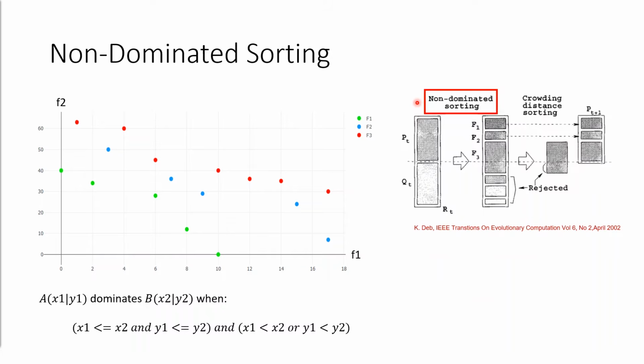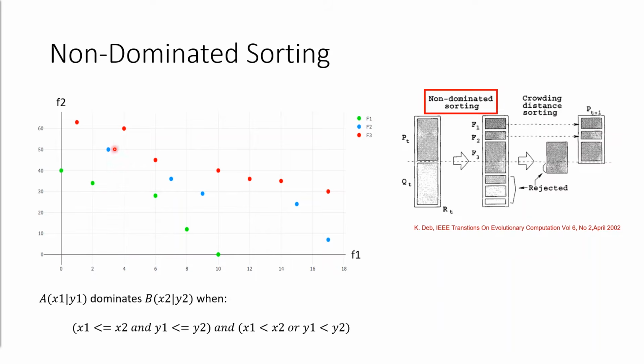In this case we have our target indicators F1 and F2, and our goal is just to minimize both of them. And the goal therefore for the non-dominated sorting is to find out which individual belongs in which front.